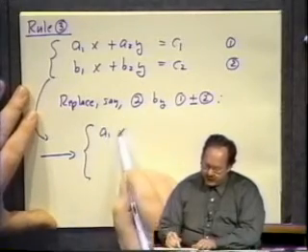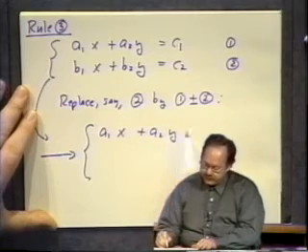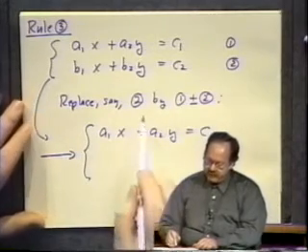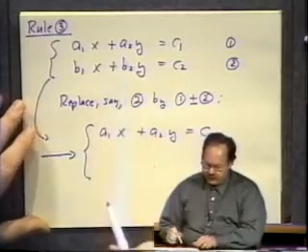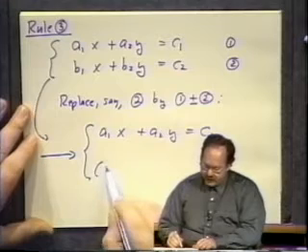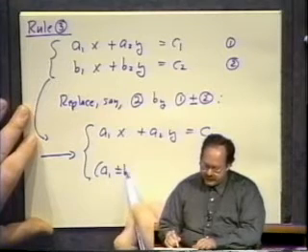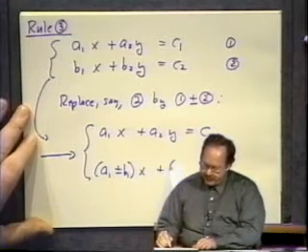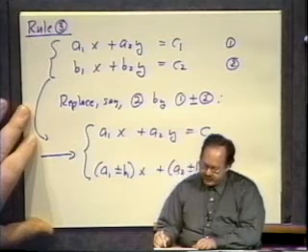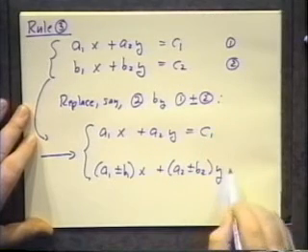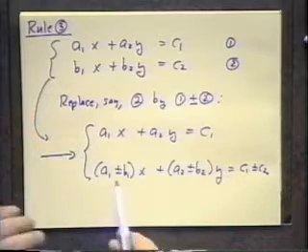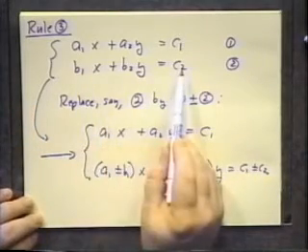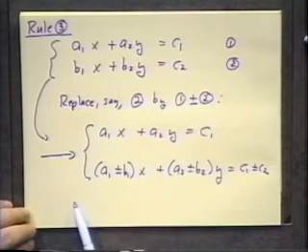That means 1, the original equation, is not touched. It remains the same, but the second one is now going to be replaced by the sum of the 2, or the difference. So I have a1 plus or minus b1 x plus a2 plus or minus b2 y equals c1 plus or minus c2. So I replace the second equation here by the sum of the 2 equations.